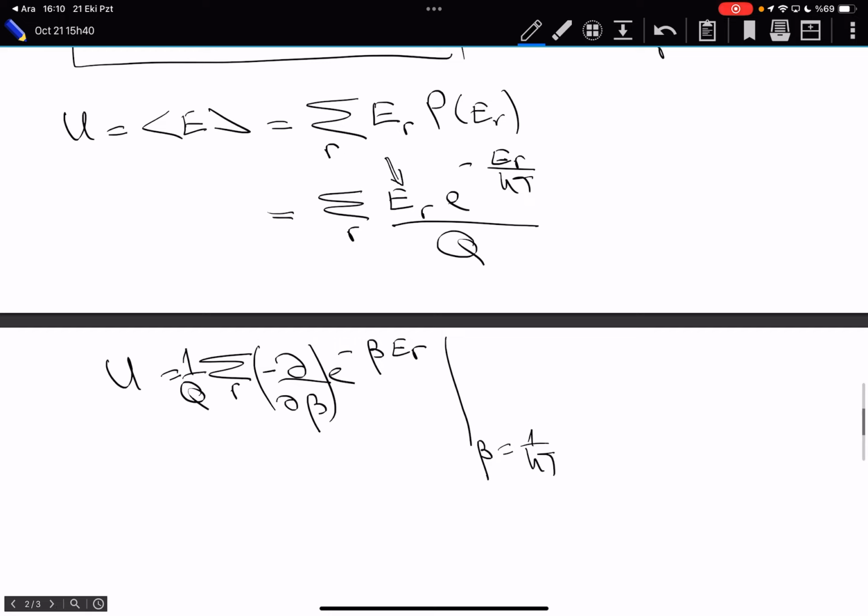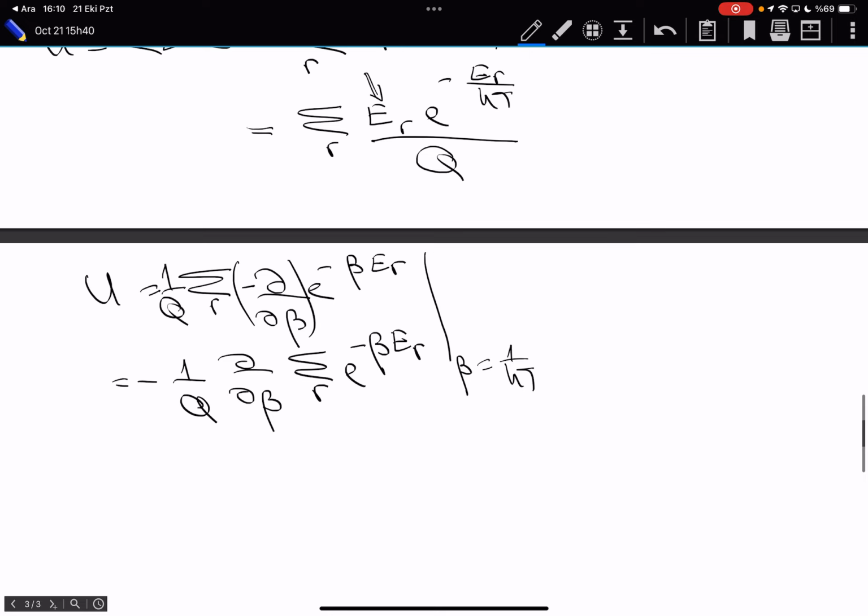I just write that as the derivative of the exponent, because if I take the derivative with respect to beta, that will just bring down an ER. But the derivative with respect to beta is independent of the summation over the microstate, so I can just take that out. So this is minus 1 over Q del over del beta, sum over R e to the power minus beta E of R. Again, keep in mind that beta is 1 over kT.